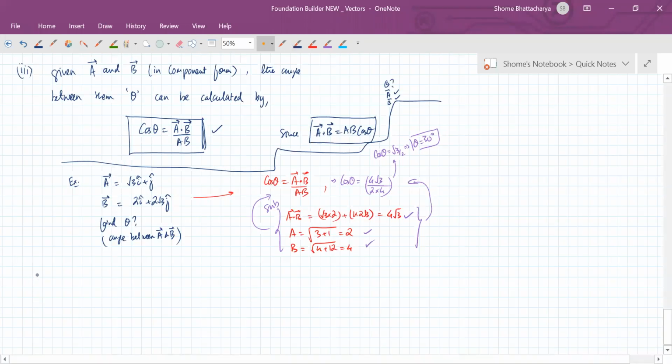So let's do a bit of practice with this. So find the angle between vectors a and b for each of the following.